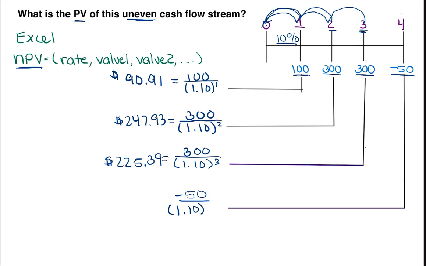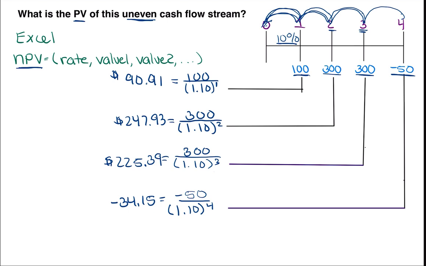And again, my exponent is going to be how many payment periods we're going back. So 1, 2, 3, 4 compounding periods. So that's an exponent of 4. So my present value of that negative 50 is negative $34.15.